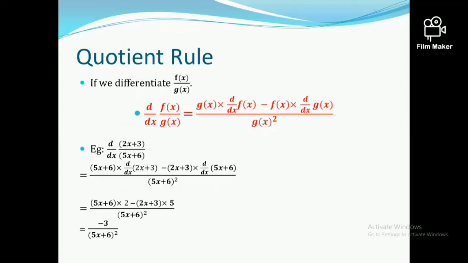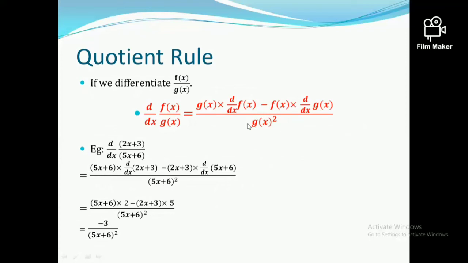Let's come to the second rule, the second topic of today's lesson. That is the quotient rule. What is called a quotient? It's a fraction. If you want to differentiate the fraction between two functions, f(x) divided by g(x), how do you do this differentiation? Okay, this is the way of doing it. Square the denominator function, g(x) squared.